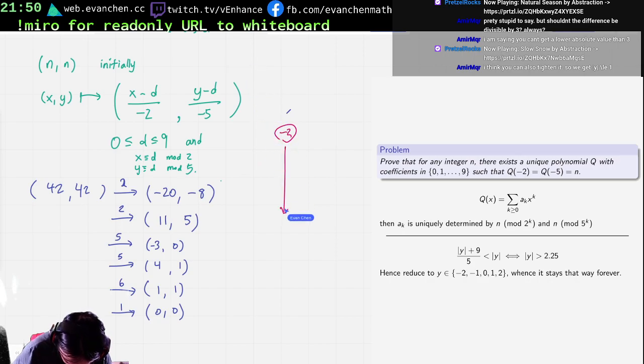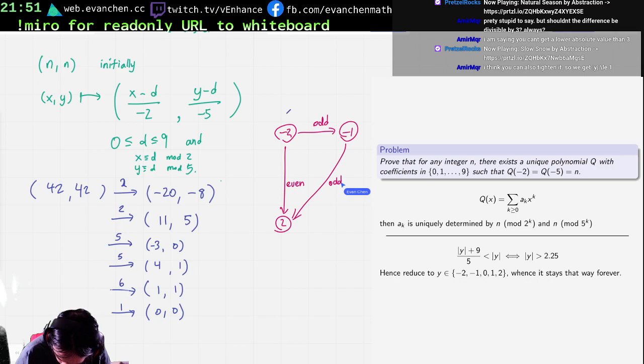So even, and if it's odd, you go to -1. When you're at -1, you can end up going to 2 with odd by subtracting 9, or you can go to +1.